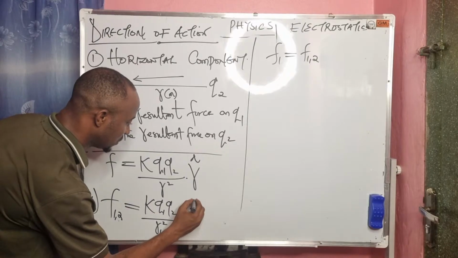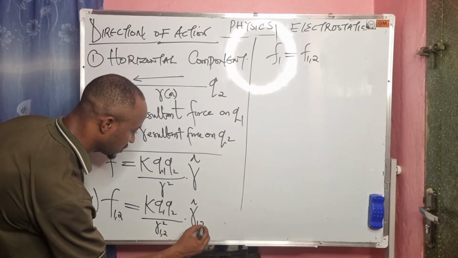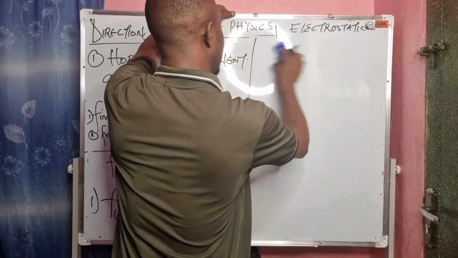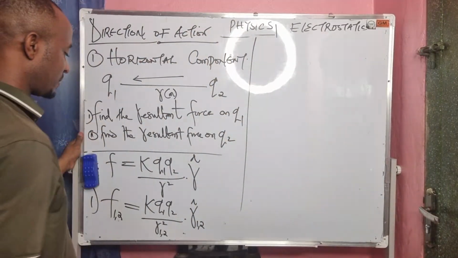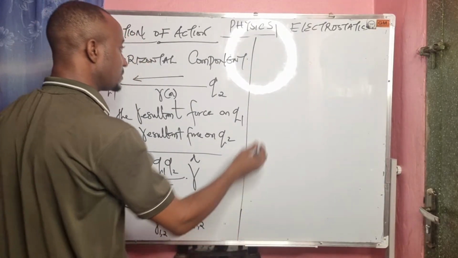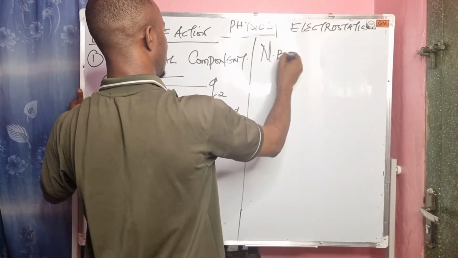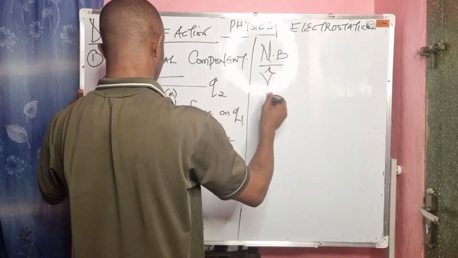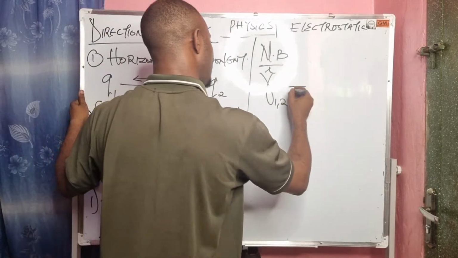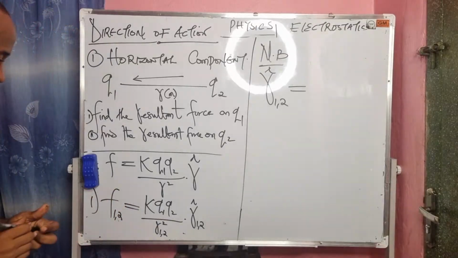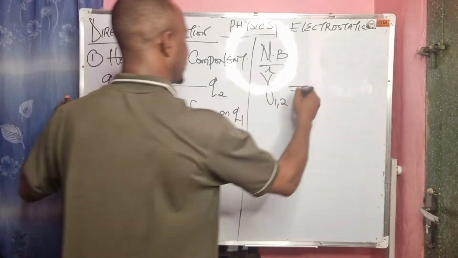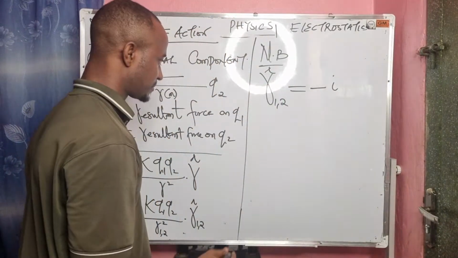Now let's define the direction of action. That will also be the unit vector of 1 2. What we should start asking ourselves is, how do we define the direction of action? The direction of action from 2 to 1 is minus i. I will explain.